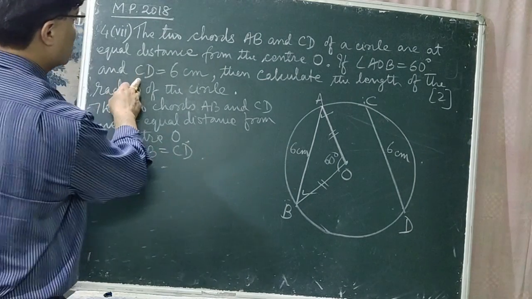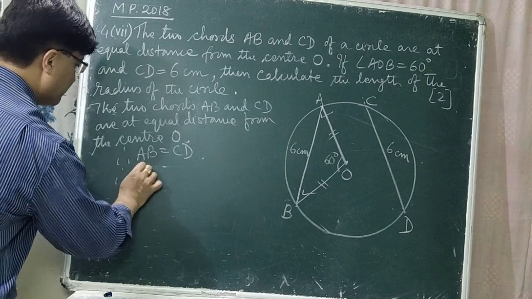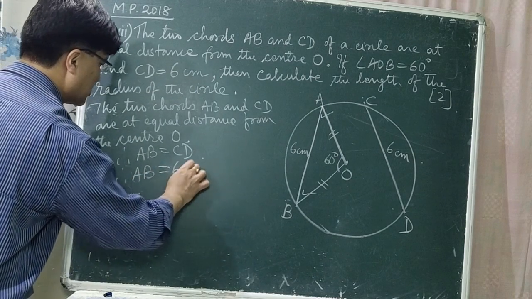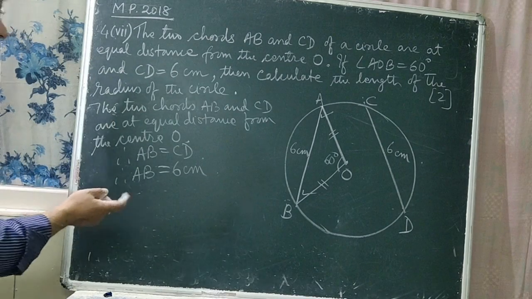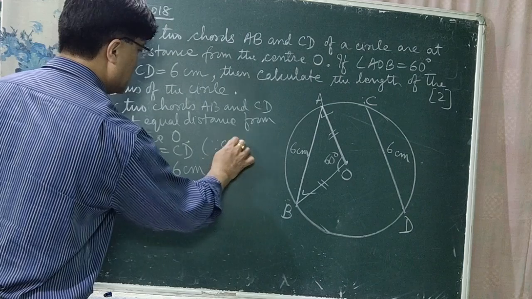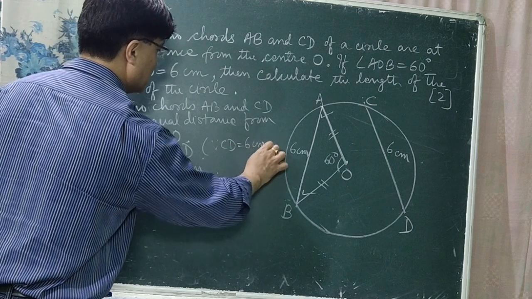But what is the length of CD? CD is equal to 6 centimeter. That means AB is also 6 centimeter. Since CD is 6 centimeter, AB is equal to 6 centimeter.